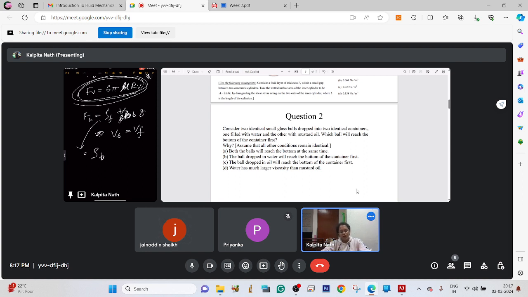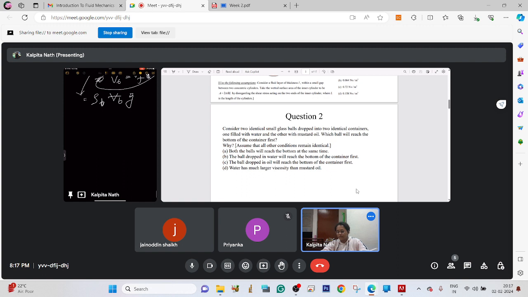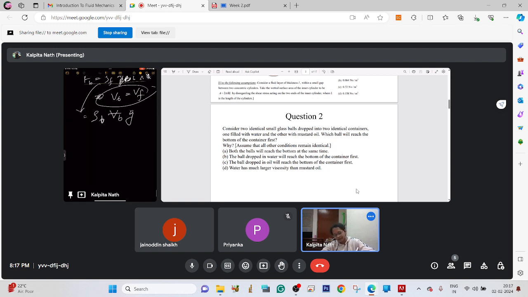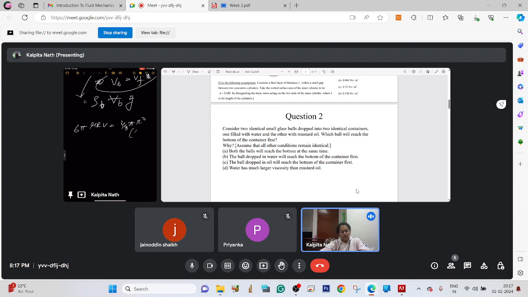So we can write it as density of body, volume of body into g. If we write this in the main equation, we can write 6 pi mu rv is equal to 4 by 3 pi r cube, since this is spherical, into density of ball minus density of fluid into g.